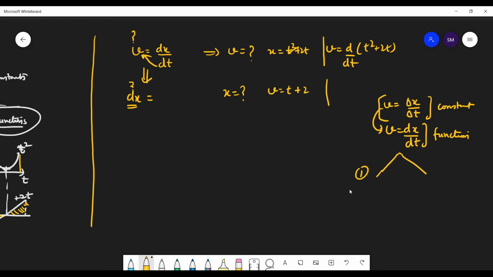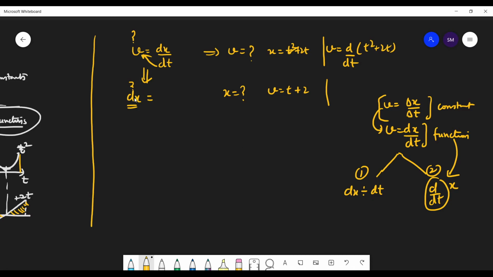First way is dx divided by dt, and second way is d by dt, assuming this as an operator and then this function. So differentiating, d by dt is your operator. So that's your choice.